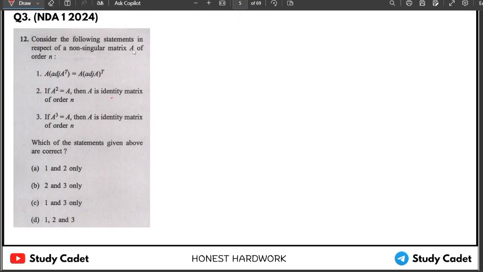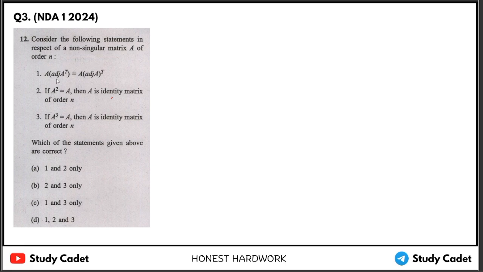Consider the following statements in respect of non-singular matrices. We know that adjoint of A transpose is equal to transpose of adjoint of A, so it is correct. A squared is equal to A, then A is the identity matrix of order n. It is not necessary that A will be the identity matrix, so that's why it's wrong.